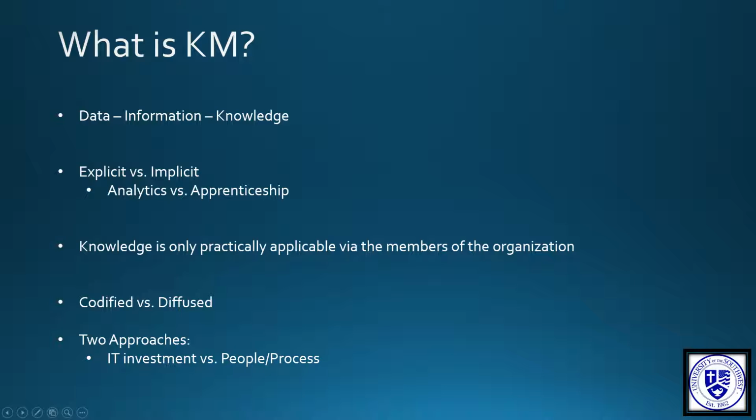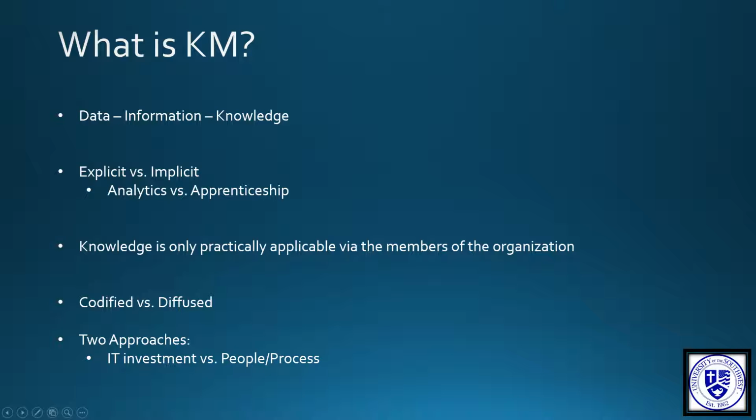So, what really is knowledge management? Like I said earlier, we have data. All organizations have data. They have records, bits and pieces of information all over the place. We have databases of our customers and information about our customers, what they've bought, maybe where we send the products or services that we sell them.